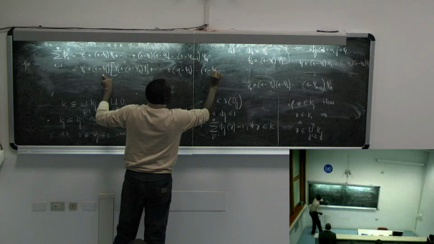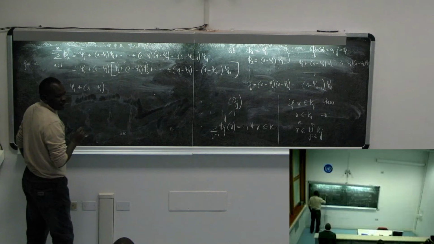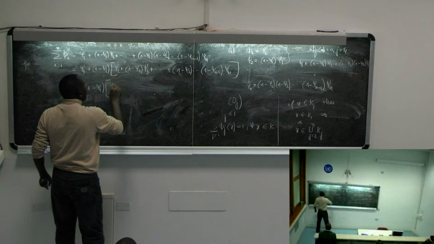And after this, what can we do? The same thing in the bracket. In the bracket we have psi 2 plus 1 minus psi 2 psi 3 and so on. So this is psi 1 plus 1 minus psi 1, and if I factor out 1 minus psi 2, here I have now psi 2 plus 1 minus psi 2.